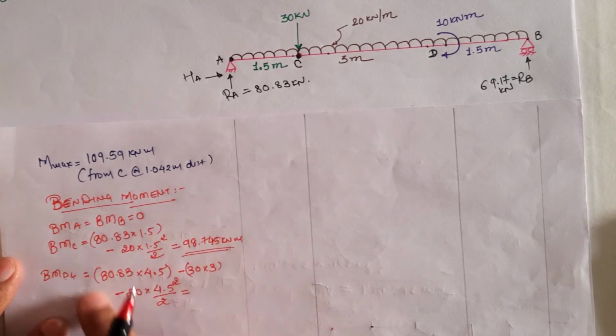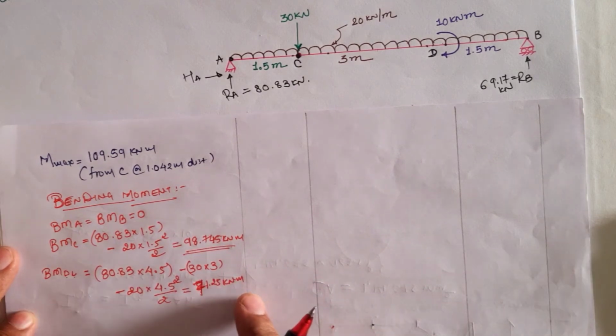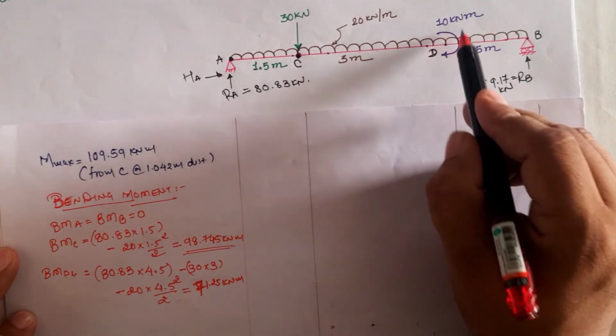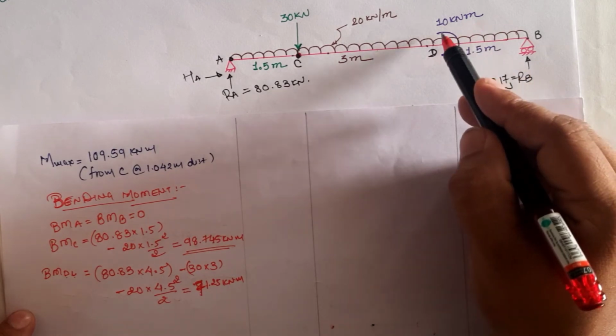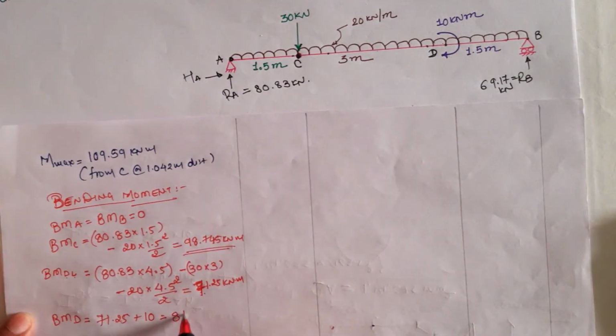Hence the total value of this calculation is 71.25 kilonewton meter. Now we observe the 10 kilonewton meter clockwise moment, so we have to add it to this value. So exactly at location D, our value is 71.25 plus 10 kilonewton meter clockwise moment, hence the total bending moment is 81.25 kilonewton meter.